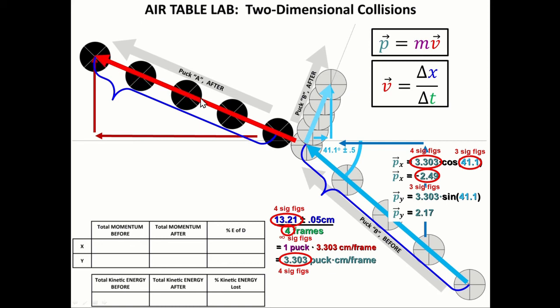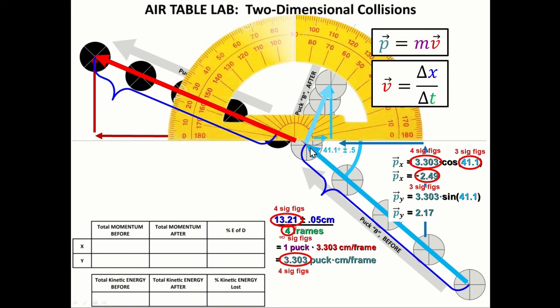I needed to draw that line all the way down to the x-axis when I use my protractor, because I have to put the protractor at the vertex of that angle. So distance goes from here to there, not from here to there.